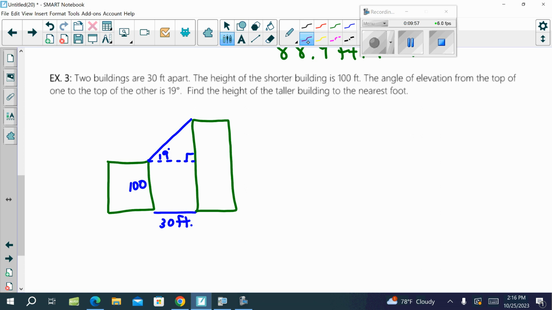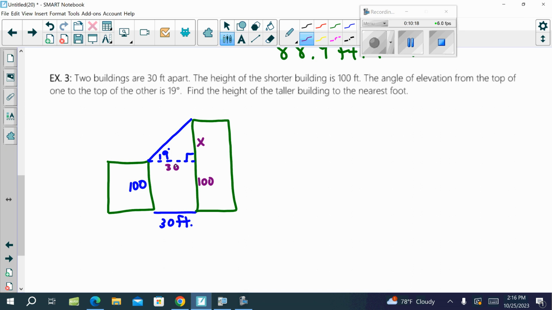Yeah, same spot as the last one on the right triangle for the building. And what are we going to have to do once we find that x? Add 100, because this is like a rectangle here. So we got 100 over here and also 30 up here.